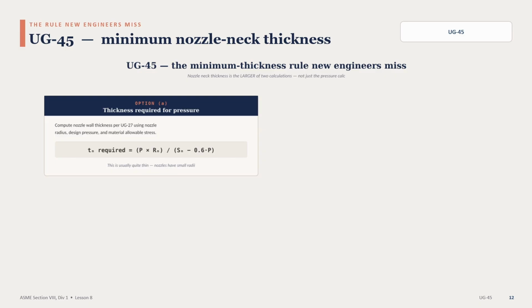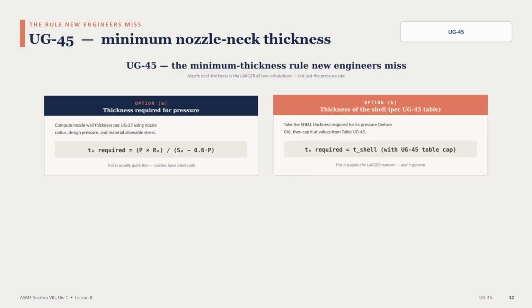It gives you a thin answer because nozzle radii are small, usually just a few hundredths of an inch. Option B is the shell thickness required for pressure, not the nozzle's pressure, the shell's pressure, with a cap from a table in UG-45. This usually gives you a thicker answer than option A.